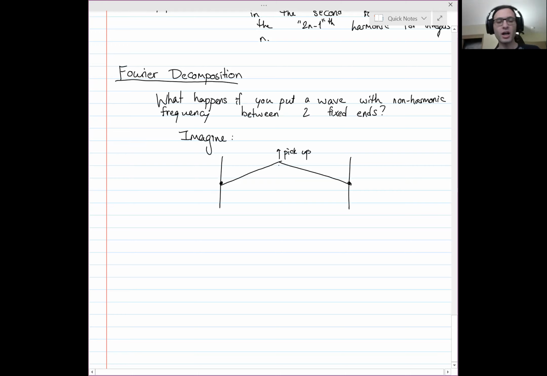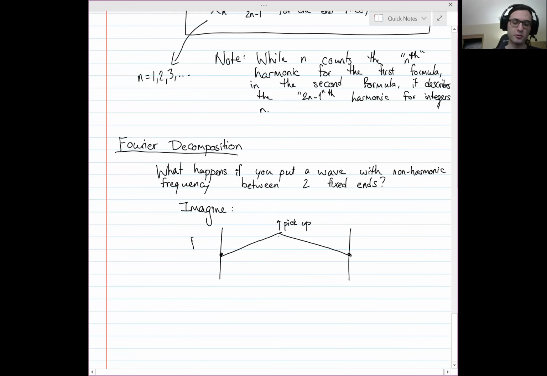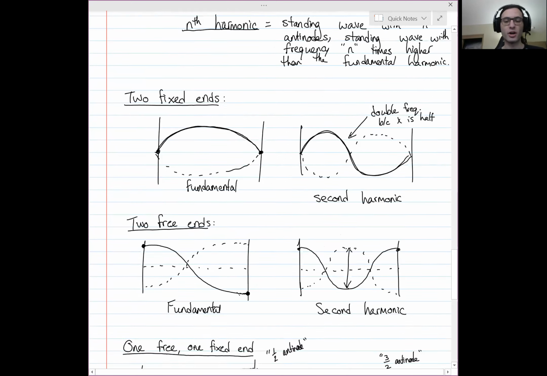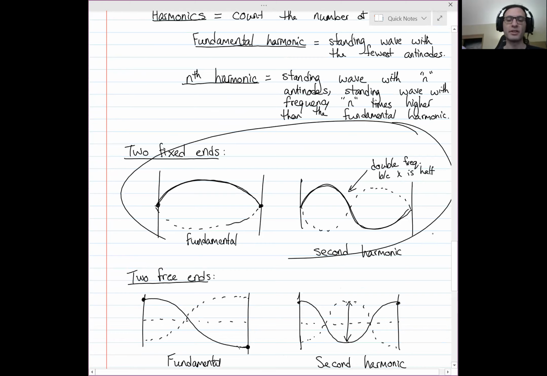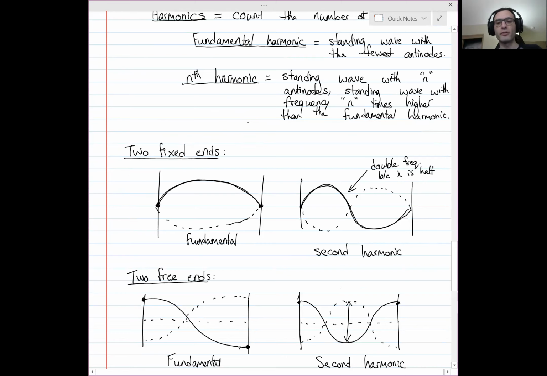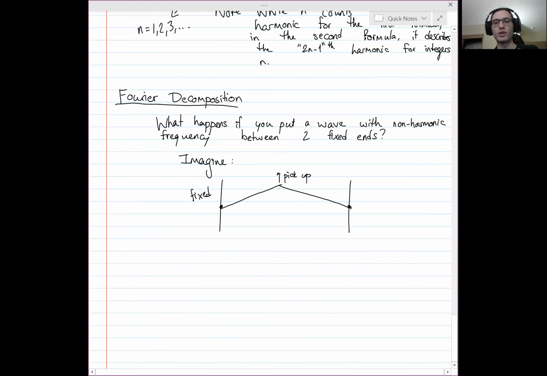Well, that's not any of the harmonics. So the question is what happens? What happens to that wave? Does it just go down once and then stop? Well, no, because the wave is still going to propagate. It'll still go left, it'll still go right, it'll reflect, and something else will happen. The question is what happens?